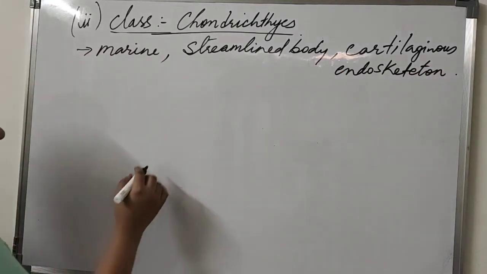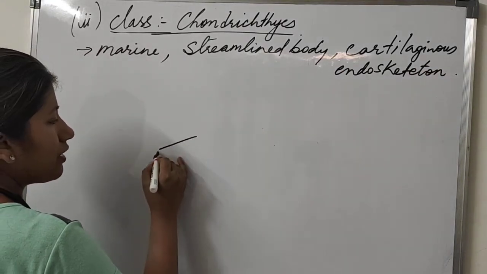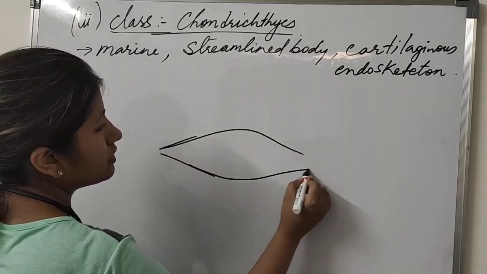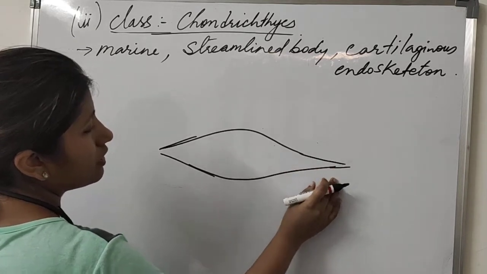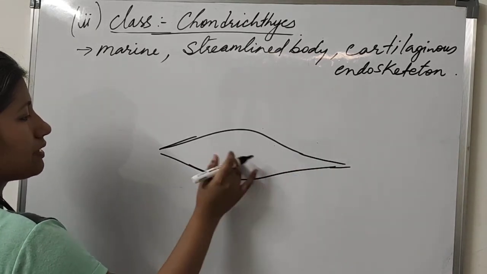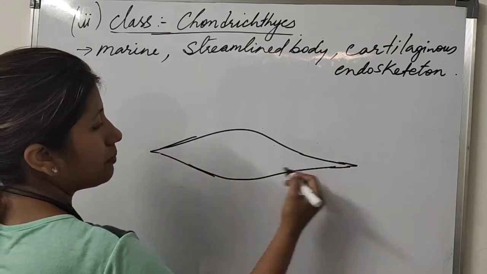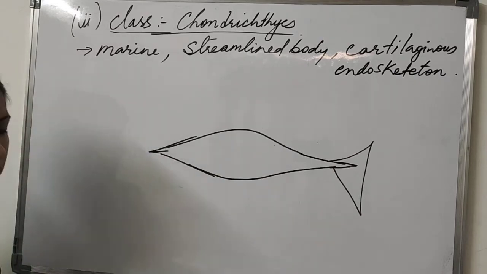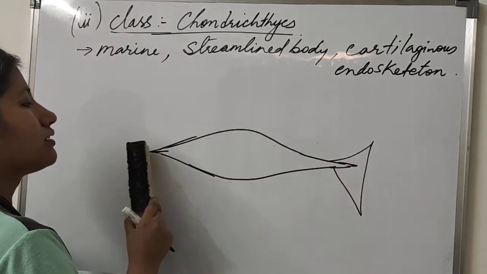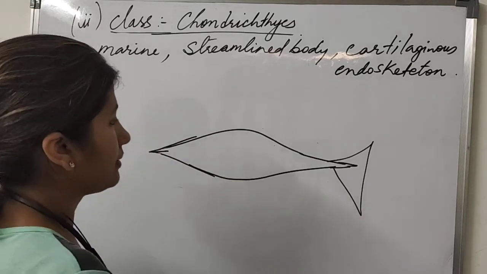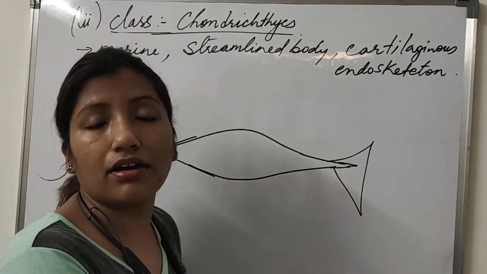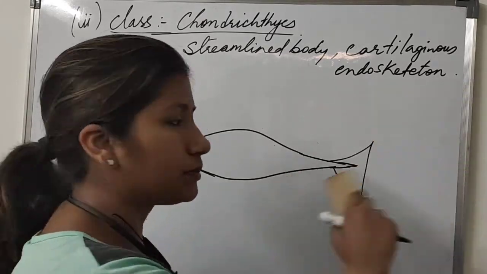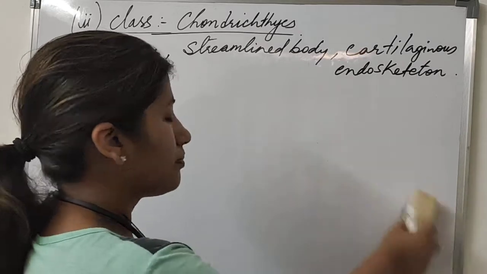Streamlined body means pointed at the front, tapering in the middle, and again pointed at the back. All the fish are like this, so this type of body organization is called streamlined body. The previous Cyclostomata which we have drawn was not like this. That was just an elongated, long body.